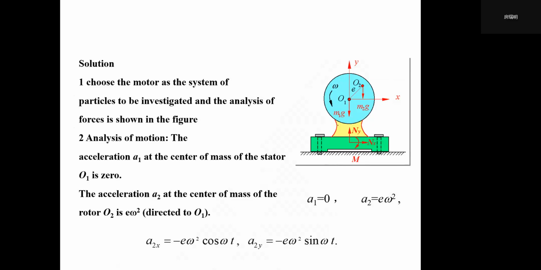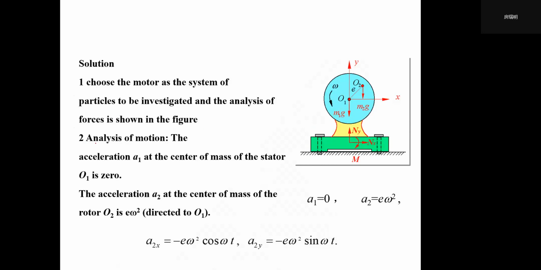So we have these three reaction forces, X and Y and M here. We also have active forces, M2G here, right? Actually, it's the gravitational force because of the Earth, and M1G. There are no other active forces, right? So after we select the object to be studied and finish the analysis of forces, here's the final result.